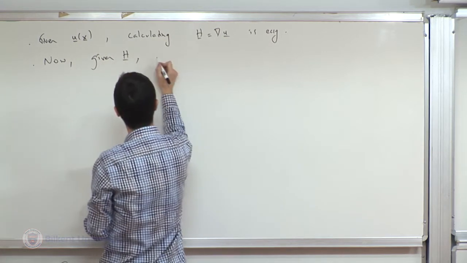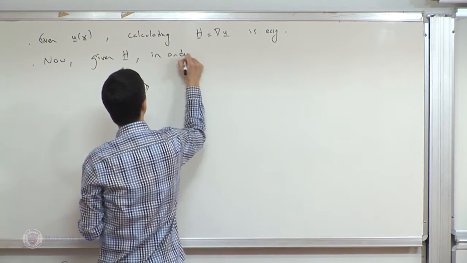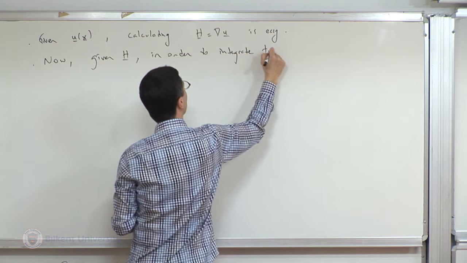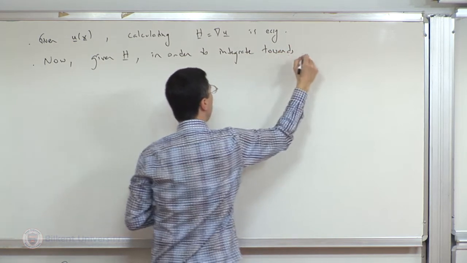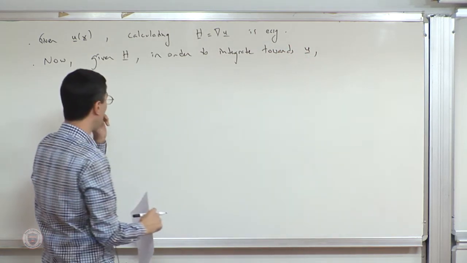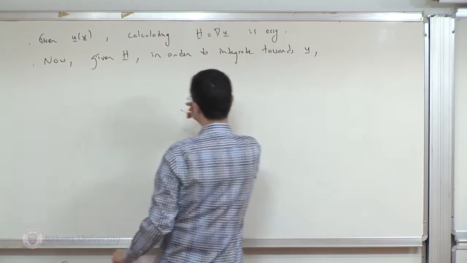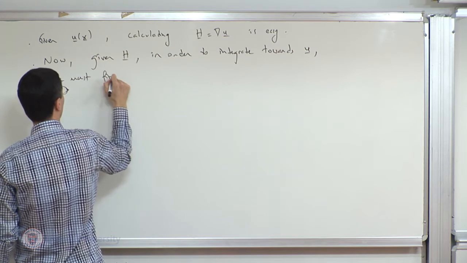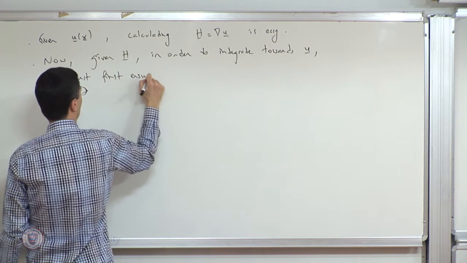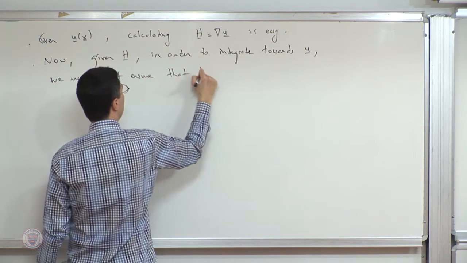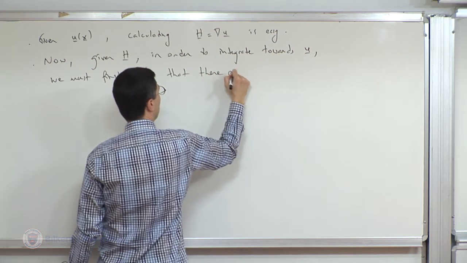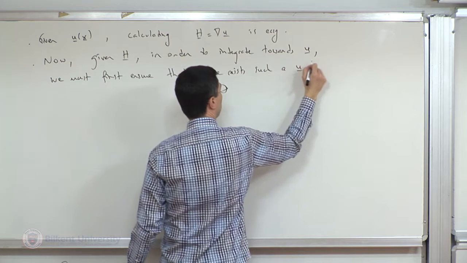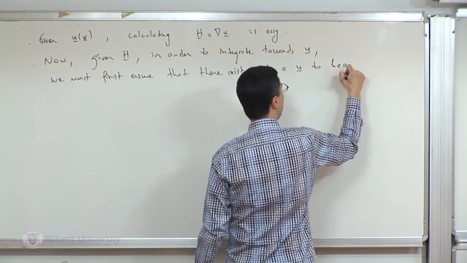So given h, we would like to integrate towards u. We must first ensure that there exists such a u to begin with.